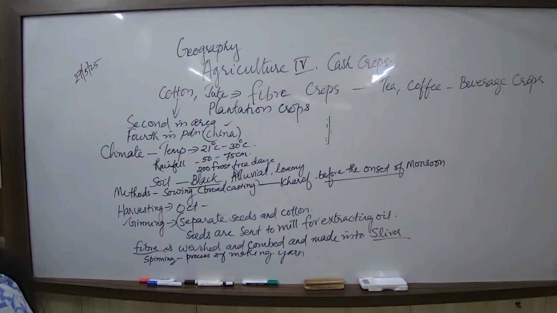From that, only 3 you have to learn. Short staple, that is less than 2.2 centimeters, and medium, and long. First one is short, second is medium, and third is long. These are the 3 varieties you have to learn.